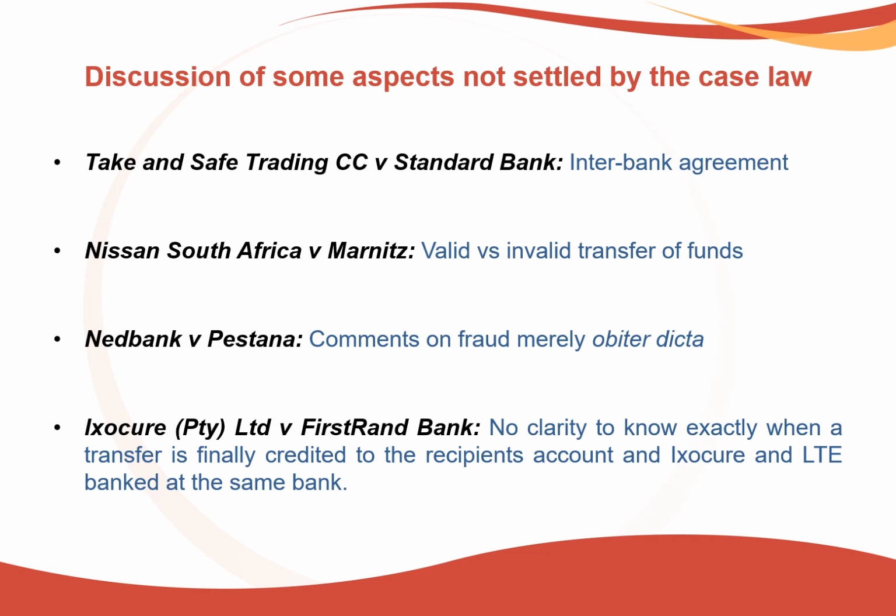Clarification is needed to know whether the credit transfer can be reversed in the case of fraud if the parties are not clients of the same bank. Regardless, the decision in Exsecure is welcomed, as the court confirmed that a provisional credit entry can be reversed where there is an allegation of fraud against the recipient of the credit entry.